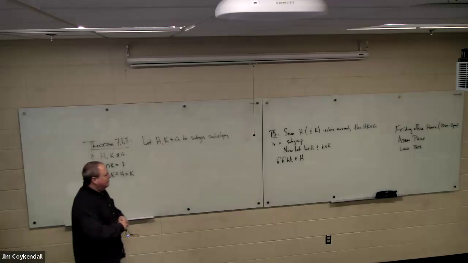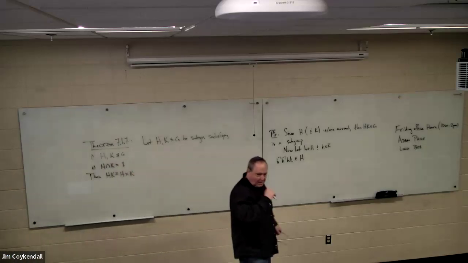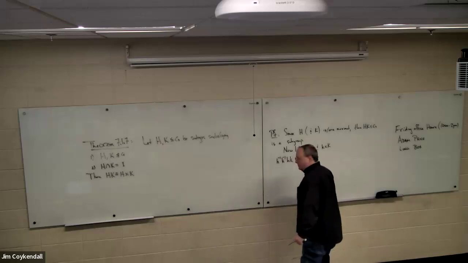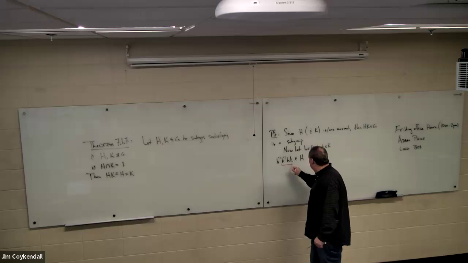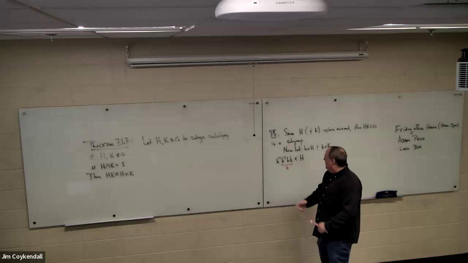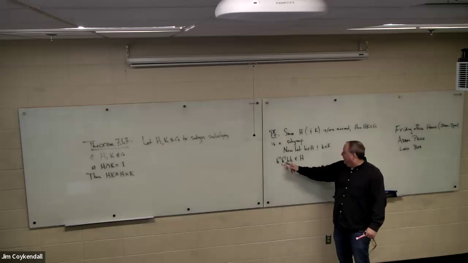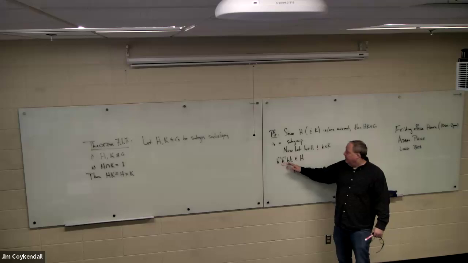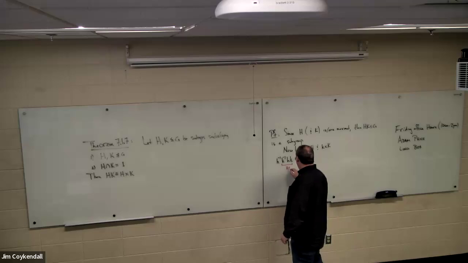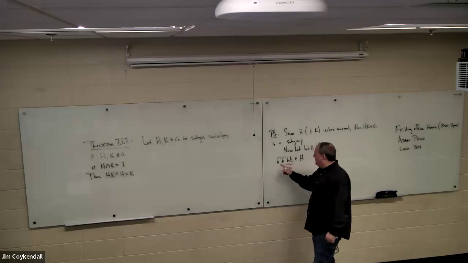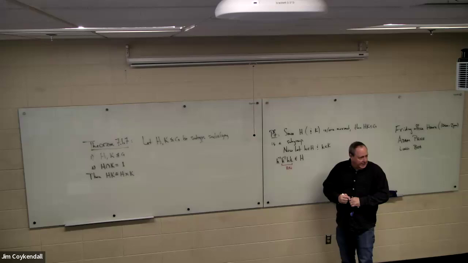So we know that H is normal in G, so any conjugation of H is going to be within H. So that's an H. And then multiplying it by an element of H, we're going to stay in H. Right, what he said. This is a conjugate of H by something in G. So since H is normal in G, this is an H, and this is an H, so the whole shebang's an H, right?